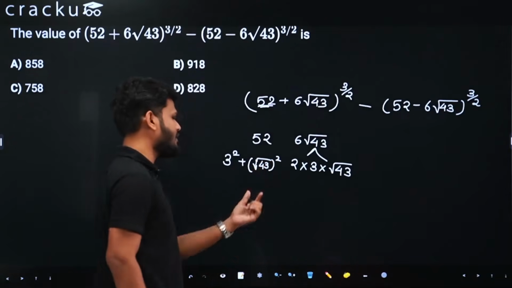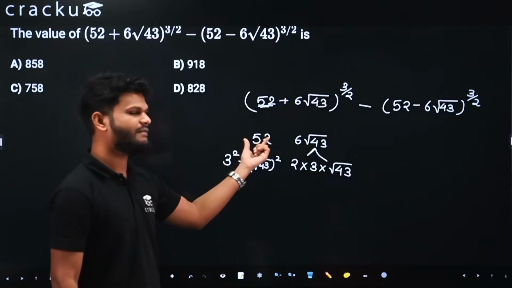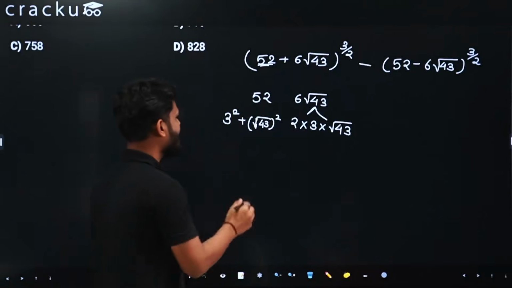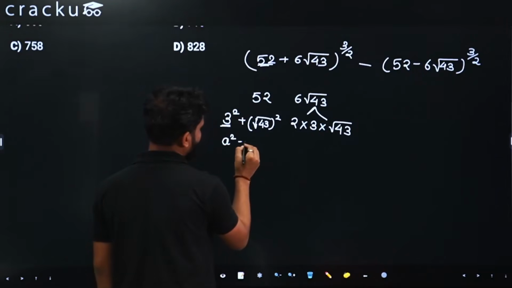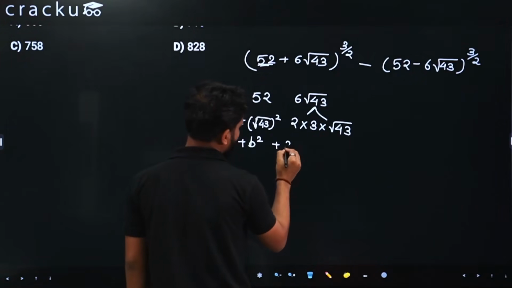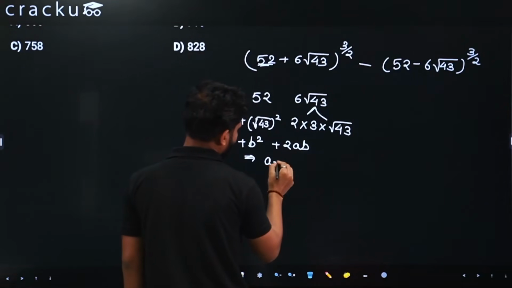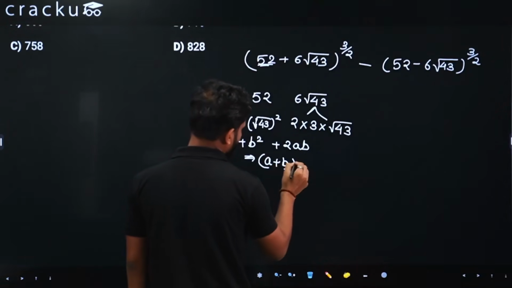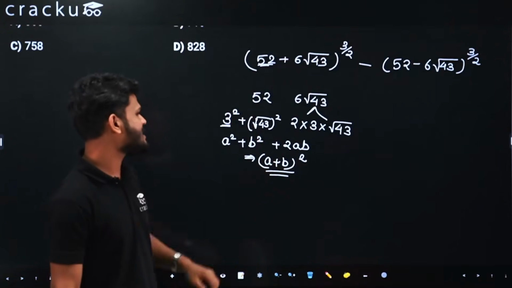Yes, because under root 43 square is 43, 3 square is 9. 9 plus 43 will give you 52. So basically, if you assume this is A and B, then this will be A square plus B square plus 2AB, which is nothing but A plus B whole square.